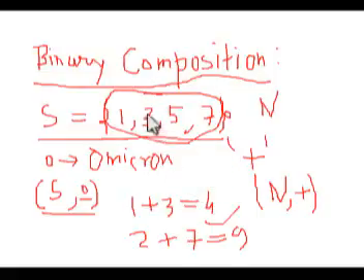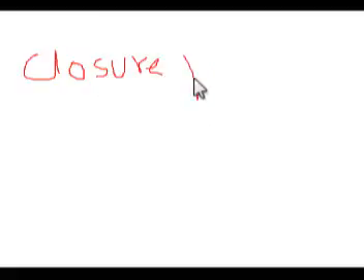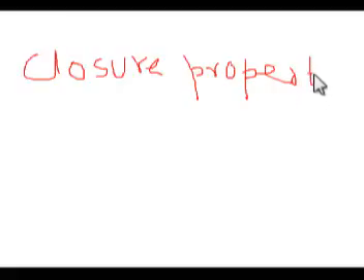Now, to form a group, we need to know some properties. Take the closure property. What is the closure property? Closure property means any set with its binary operation.